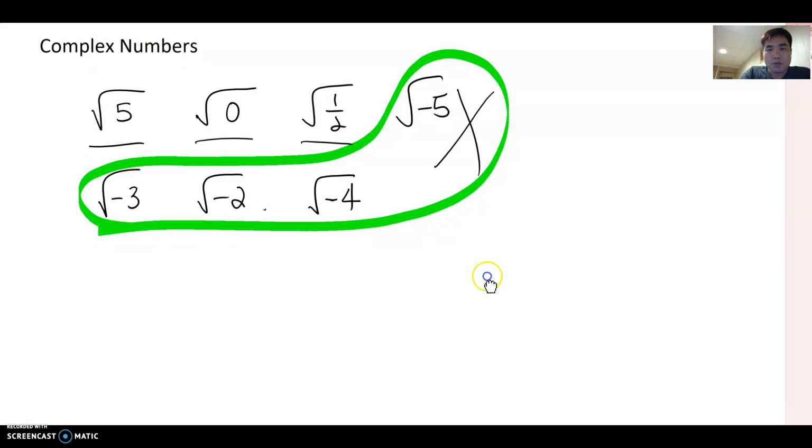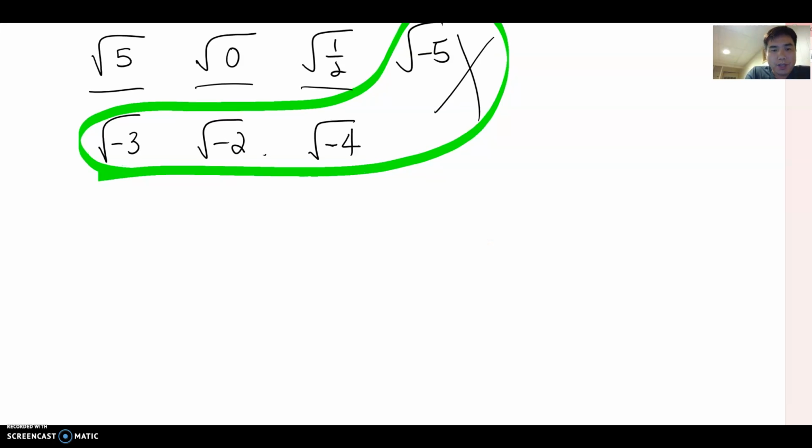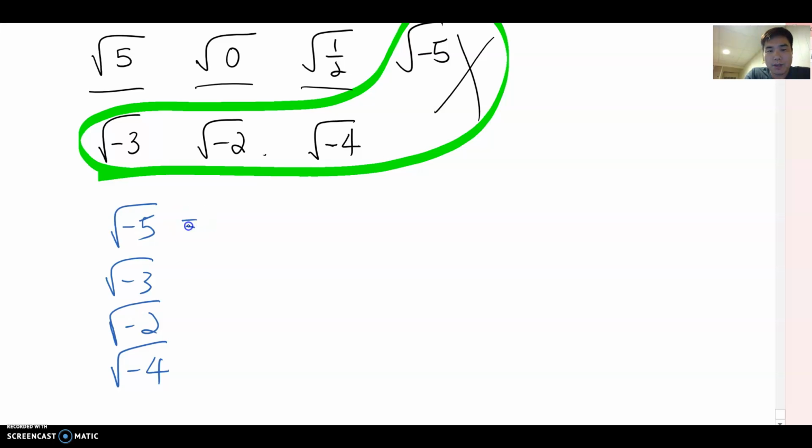So then look at the pattern here. Square root negative 5, square root negative 3, square root negative 2, square root negative 4. Please let me know whether we can rewrite these values as root 5 times root negative 1.